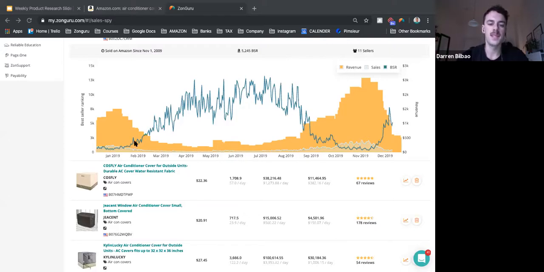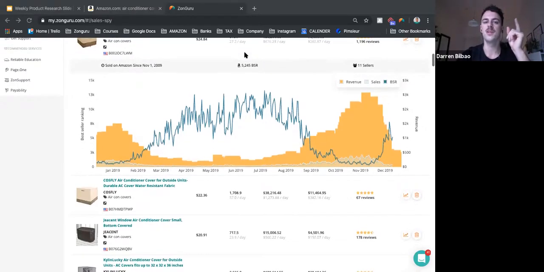And we can see that this blue line here is for the BSR. Your BSR is your bestseller ranking. For example, this product might be in outdoor living, so it is product 5,245 in the category outdoor living, but it's the number 1 product for the keyword air conditioner cover.